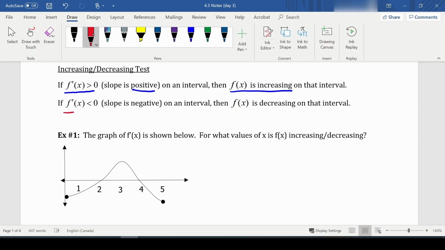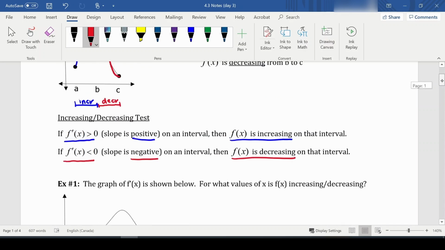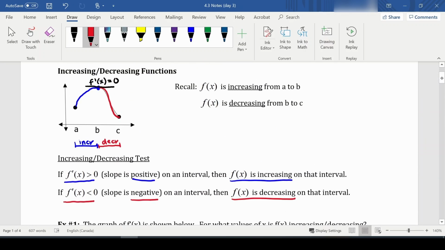If f prime is negative, that means slopes of all tangent lines would be negative, and f would be decreasing on that interval. So if I go back up to my graph here, on the blue portion, any tangent lines I draw would have positive slopes. On the red portion, any tangent lines that I draw here would have negative slopes.